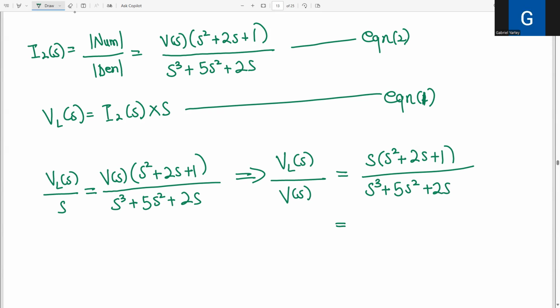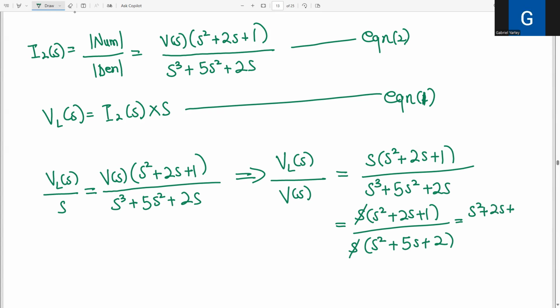I can factorize s here, right? I'll get s over s squared plus 2s plus 1, and then s squared plus 5s plus 2. And this cancels this right here. And this is my transfer function.